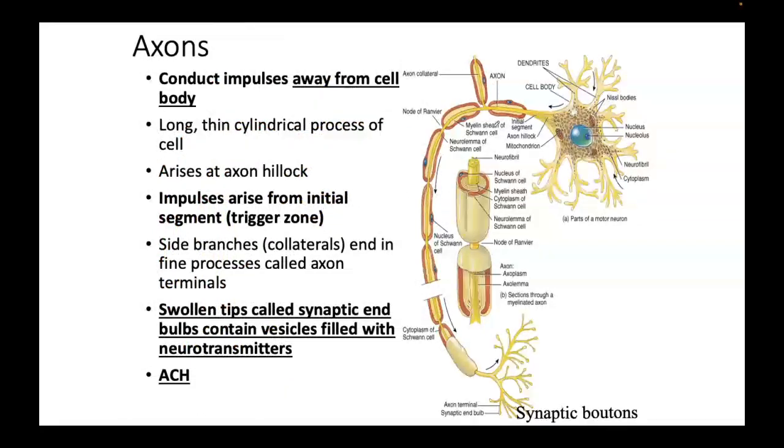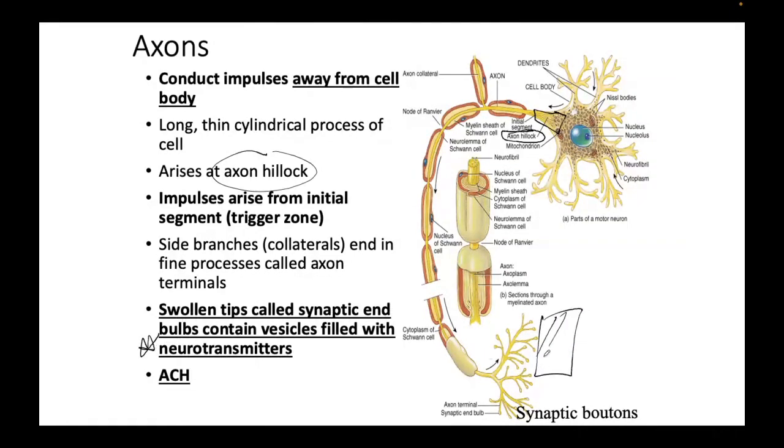Here's the axon, conducts the impulse away from the cell body. We know where the axon hillock is. It's right there. There's the axon hillock, this portion here. The swollen tips at the very end, we know the swollen tips are the synaptic end bulbs, and they contain neurotransmitters.